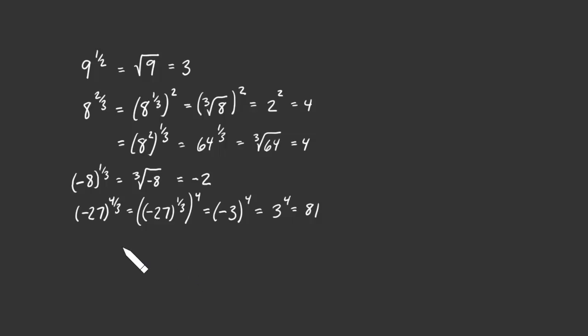Do notice the efficiency I mentioned before in terms of taking roots before raising to powers. If we look at this case down here, if I had written this instead as negative 27 to the 4th, and then all that to the 1/3, I've got to raise 27 to the 4th power, right? Which I probably can't do in my head. I do know it's positive.